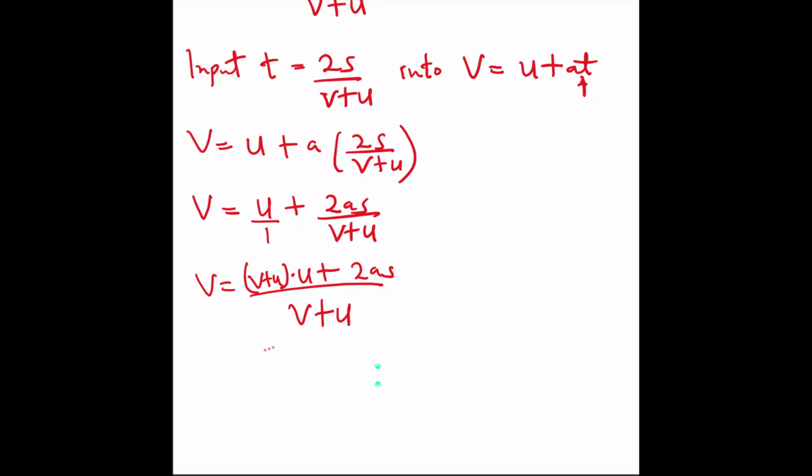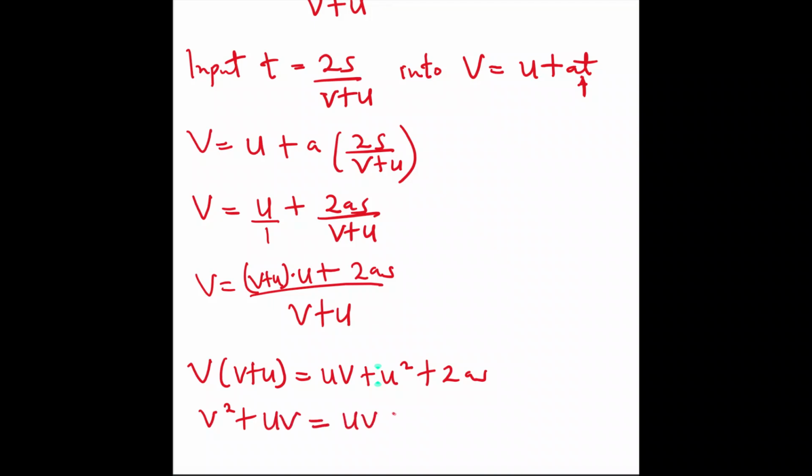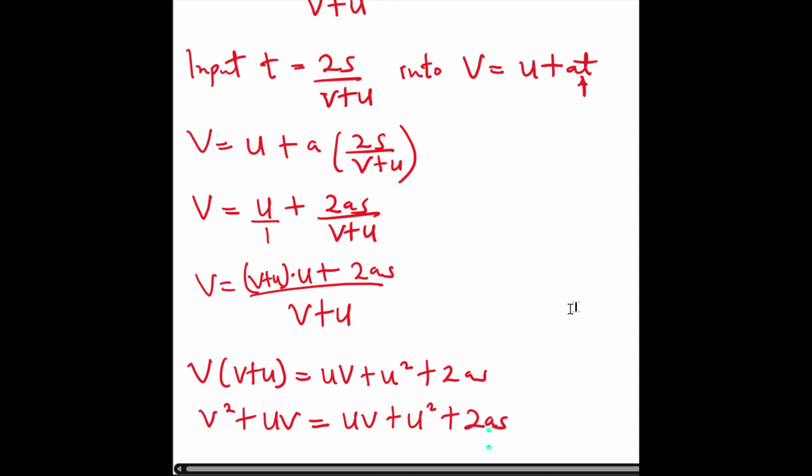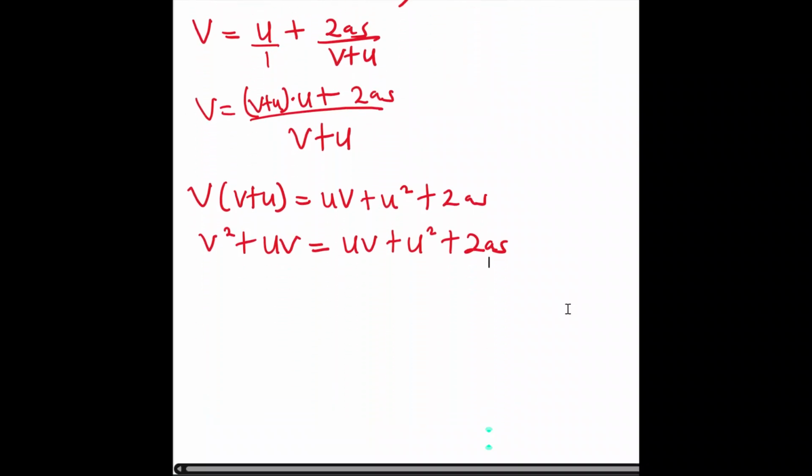Now I want us to cross multiply. So V into V plus U equals, let's open this bracket, UV plus U squared plus 2AS. When we open this bracket and expand it, V squared plus UV equals UV plus U squared plus 2AS.